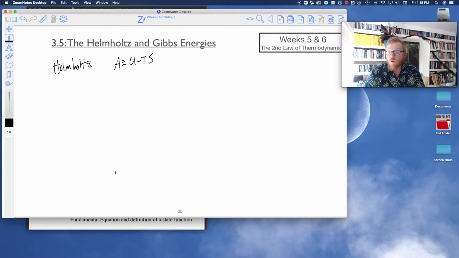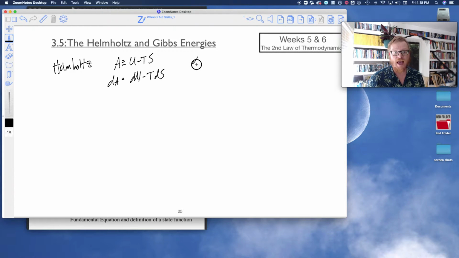Well, we know that basically the quantity TS really gives us heat, okay? So in other words, I can say dA equals dU minus TdS, okay?